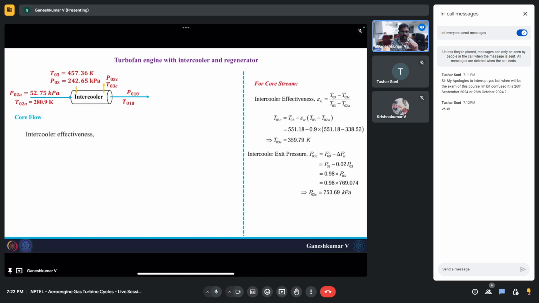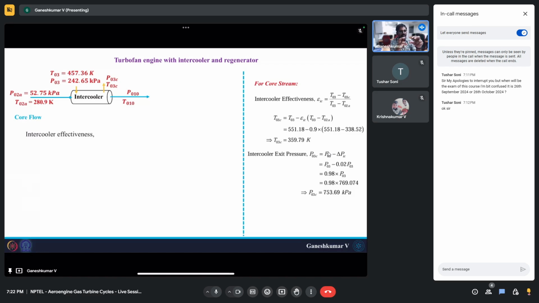In heat exchangers, we quantify the performance of a heat exchanger using effectiveness. Intercooler and regenerator are nothing but heat exchangers. And why do we call them heat exchangers? Because there is an exchange of heat between the core stream and the bypass stream.